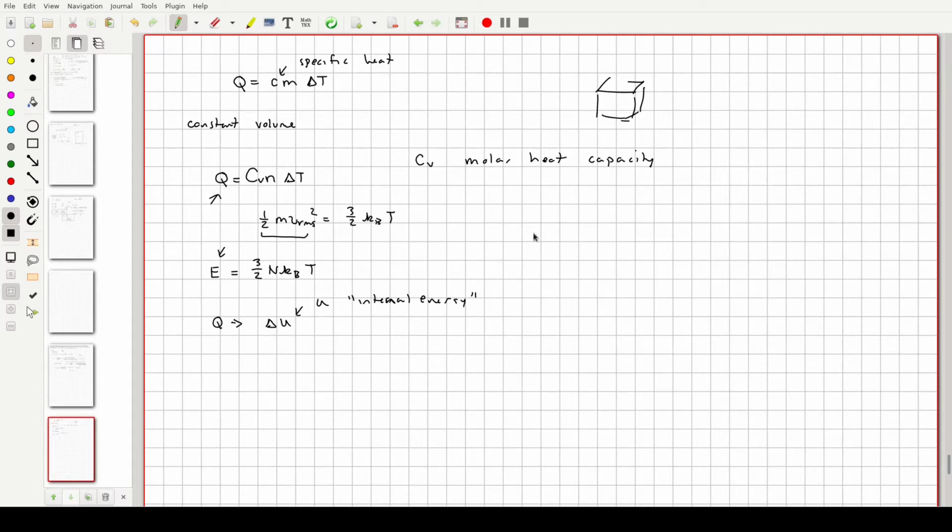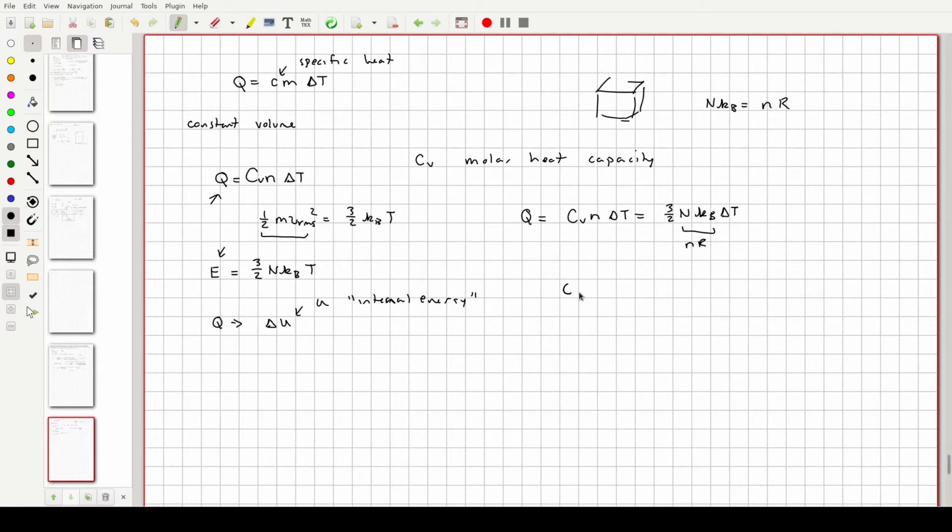So what that means is that my heat here, which is C_V times n times delta T, is also equal to 3/2 capital N, this is number of atoms, k_B delta T. But remember, if you look at the ideal gas laws, both the physics version and the chemistry version, there's a relationship between N k_B and the number of moles times the ideal gas constant. So this right here is the same thing as n times R.